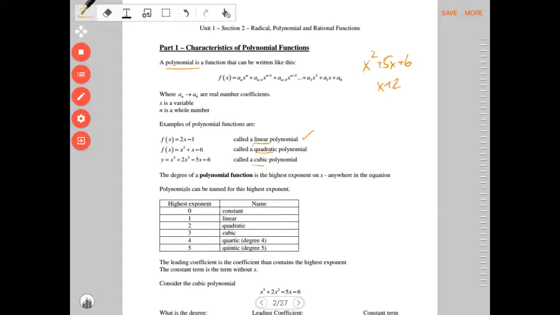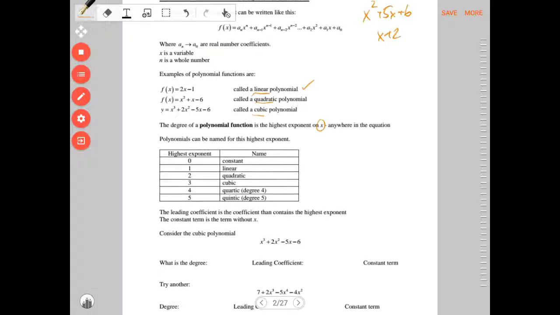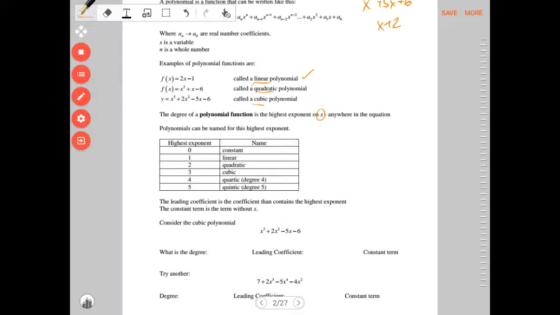Remember, the degree of a polynomial function is the highest exponent on the x anywhere in the equation. Usually we write them in order from biggest to smallest, but not always. Sometimes we try and just see if you're paying attention. So polynomials are named for the highest exponent, the degree exponent. If the highest exponent is 0, that means there's no x's, which means it's a constant function.